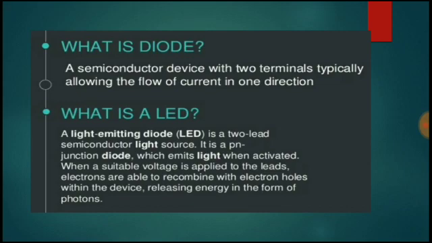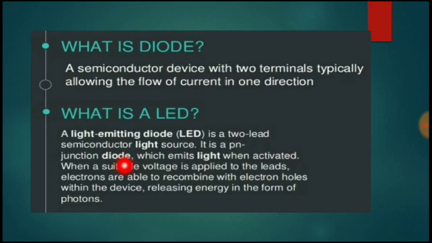Again, what is a diode? A semiconductor device with two terminals, typically allowing the flow of current in one direction. At the same time, a light emitting diode, LED, is a two-lead semiconductor light source.